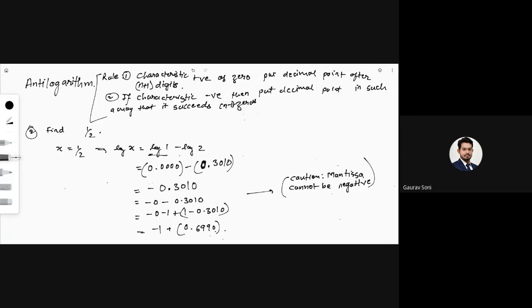Now x here is anti-log of 1 bar dot 6990. What does this bar mean? Bar means the characteristic is negative with the mantissa positive.